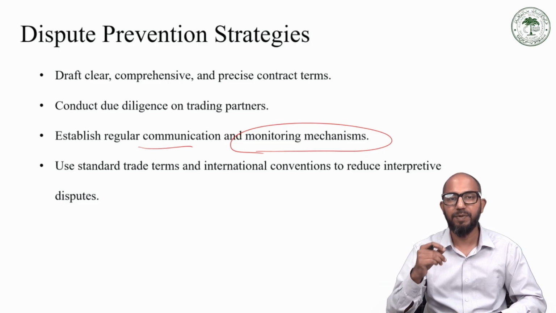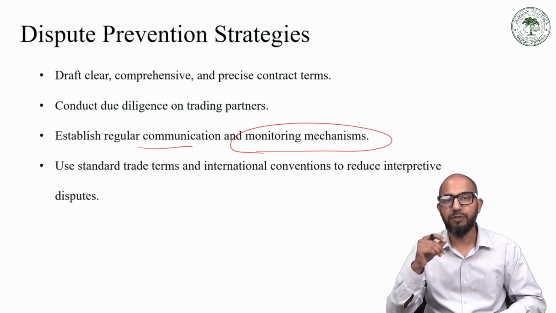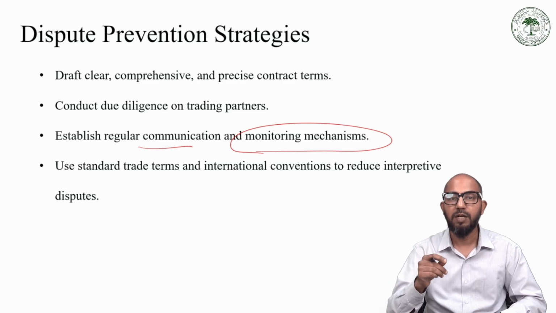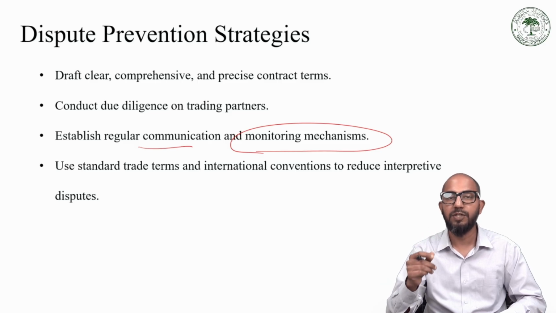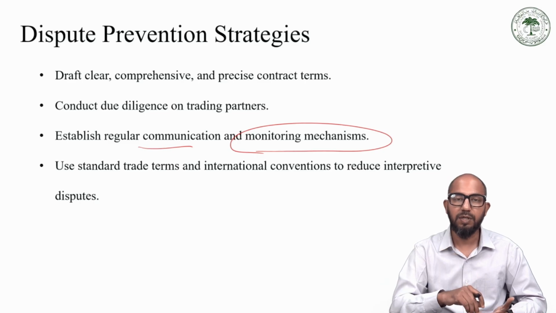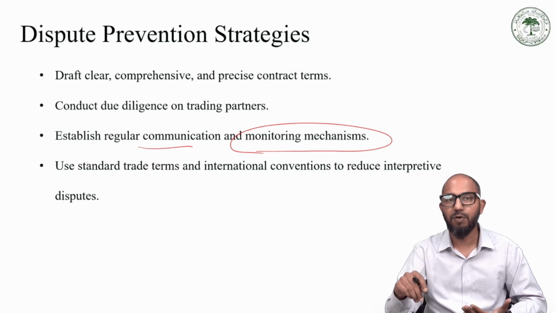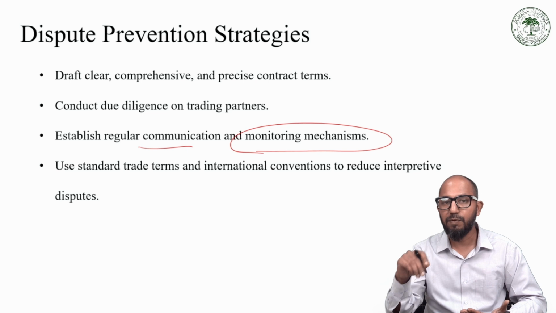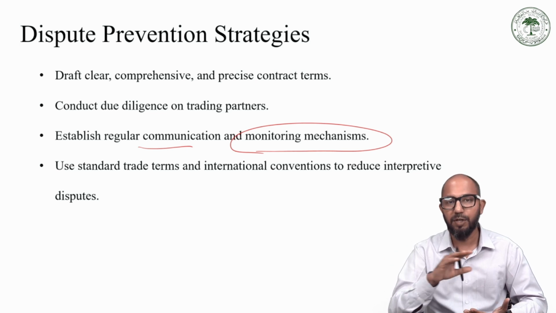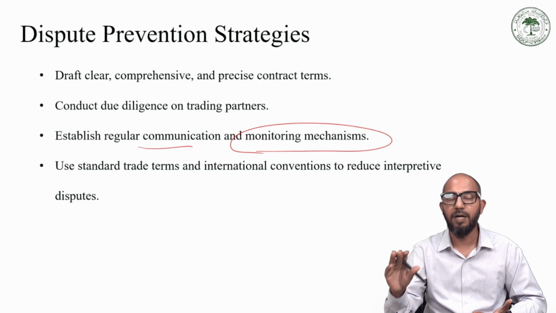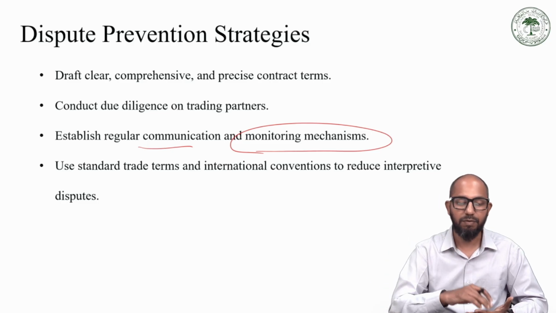Exporters become so busy in economic matters, financial matters, and expansion and diversification of the business that they forget the communication strategies of the business. Therefore, communication can prevent disputes because communication removes the barriers of understanding. Thus, communication should never be undermined in a particular contract.